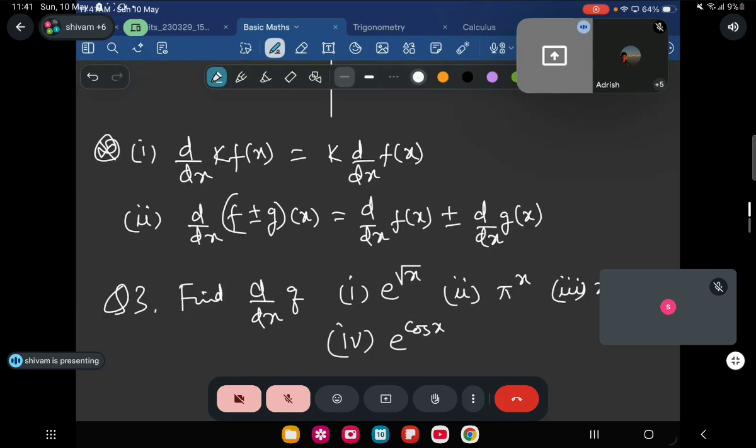Check the third one; the fourth one is correct. Timon, all your answers are correct. First one is correct. Second one, you have made a slight mistake. Third one is correct. Check the fourth one.